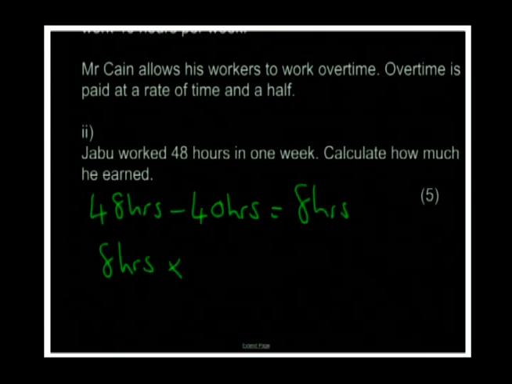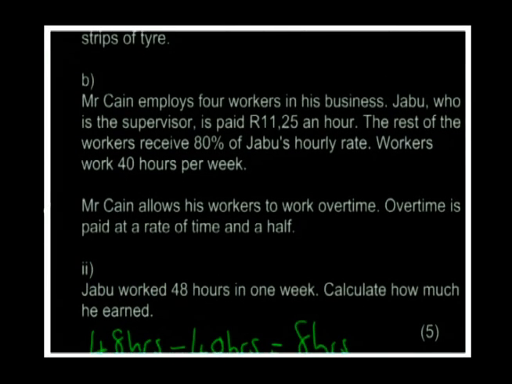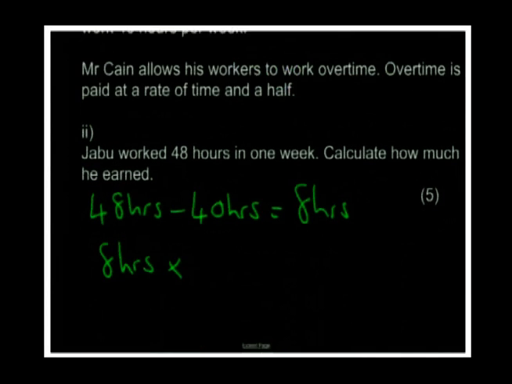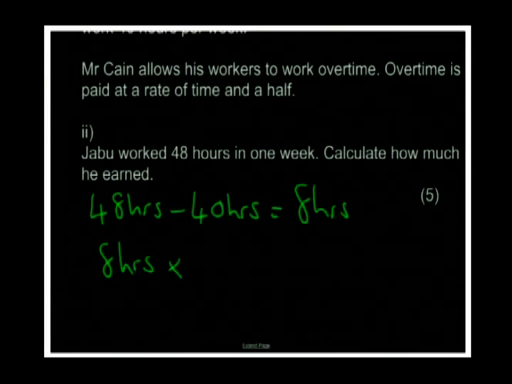Now, how much does Jabu get every hour? Let's have a look at this. He gets 11 rand 25 an hour. So we've got 8 hours. He's being paid 11 rand 25. But Jabu says, no, wait. This is extra time, pal. You're going to pay me extra money. I've taken 8 hours away from my family this week.